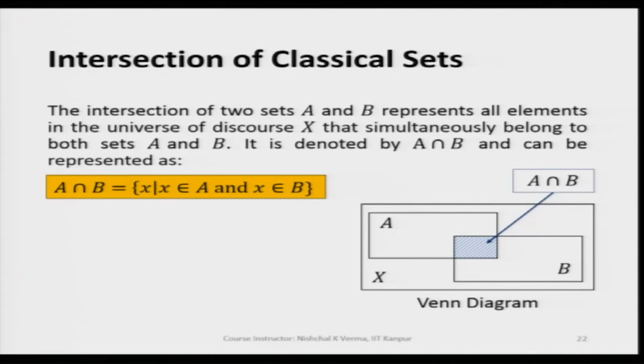In the intersection of classical sets, we follow this condition, and this is represented by A inverted U B. A inverted U B basically contains all the elements which are present in both the sets A and B.